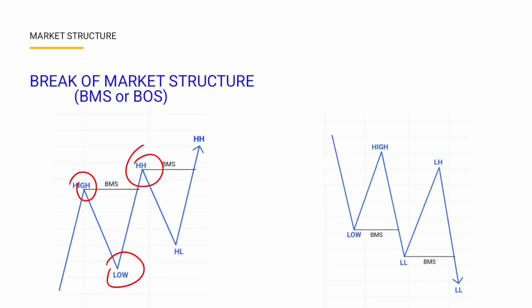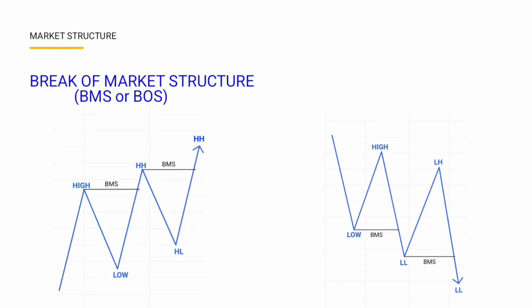HH is higher high. HL is higher low. So it should form a high, a low, a higher low, a higher high.